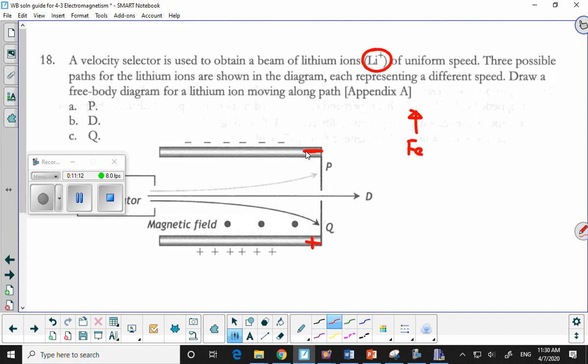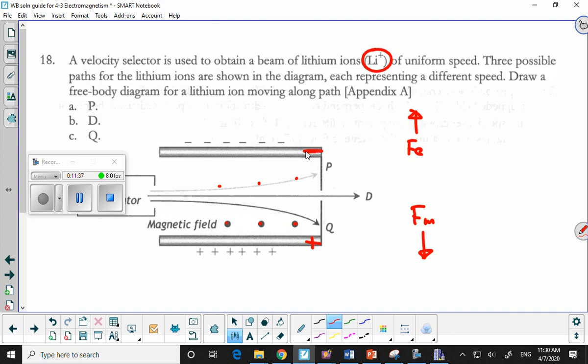However, if you notice, we also have a magnetic field here, and that magnetic field is coming out of the page. Since these are positive, put your thumb towards the right-hand side of the page. Your fingers are coming out. That means your palm is facing downwards. So in other words, the Fm is pulling it downwards. This is similar to what J.J.